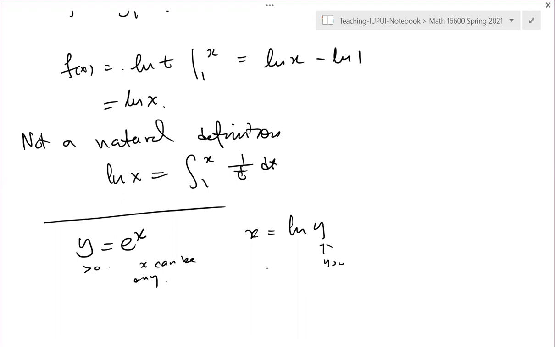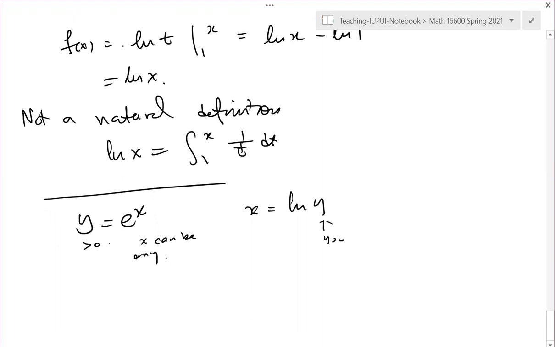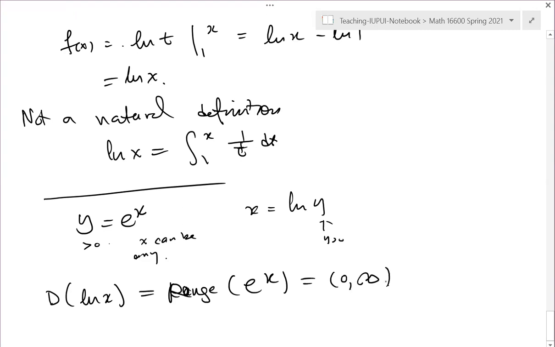Just because of the definition of the natural log. So the domain of the natural log will be the range of the exponential function. You can say that the domain of natural log of x is going to be the range of the exponential function, which is zero to infinity.